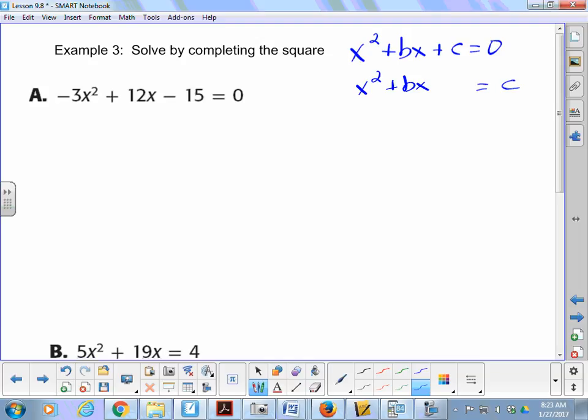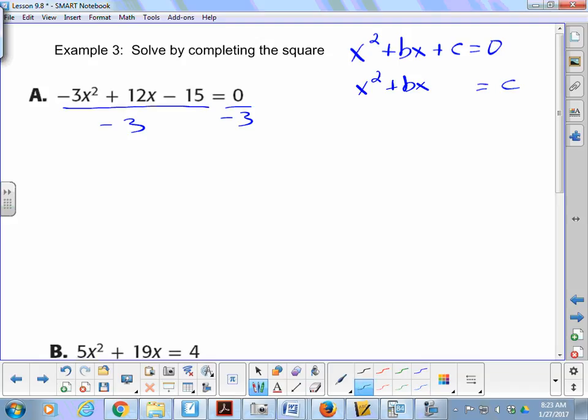So in this problem here for letter A, the first thing I'm going to do is divide by -3. And when it's in this order, when I divide 0 by -3, I just get 0 anyways, so that helps.